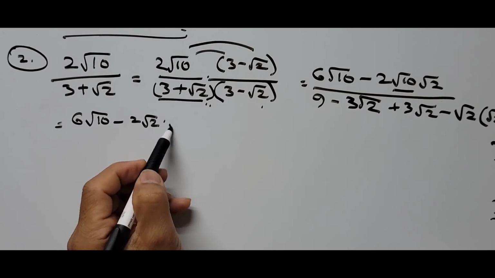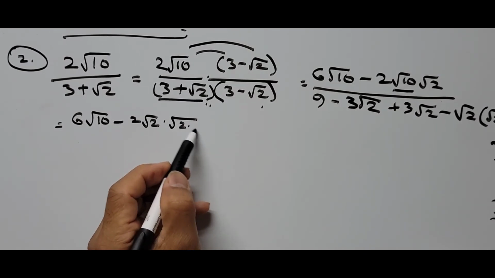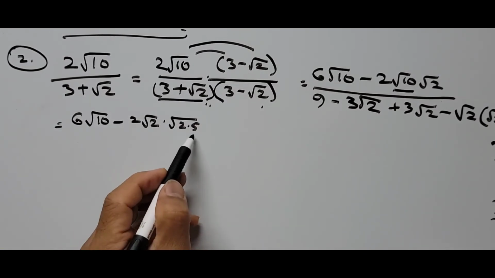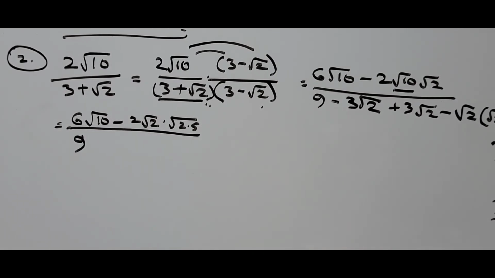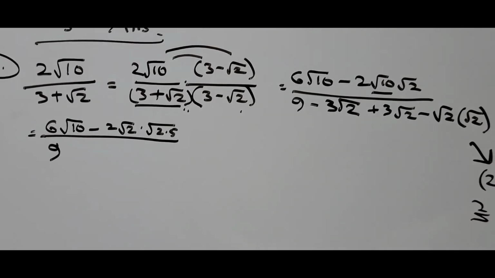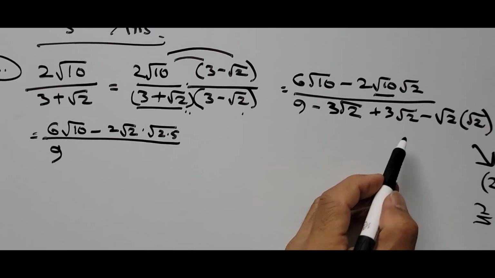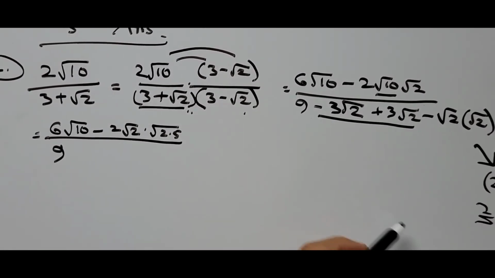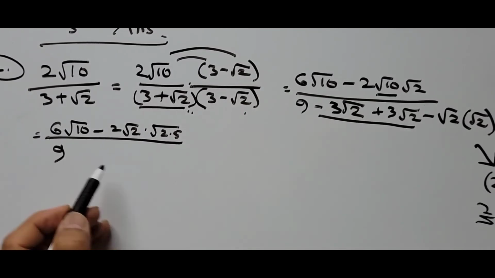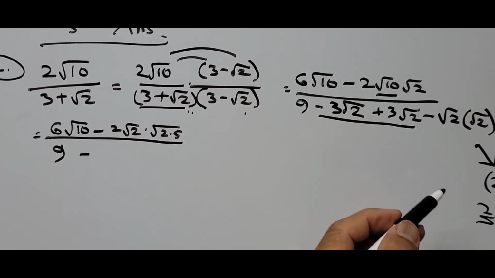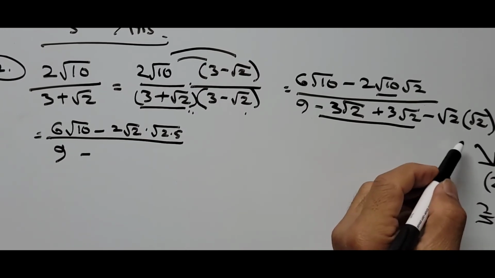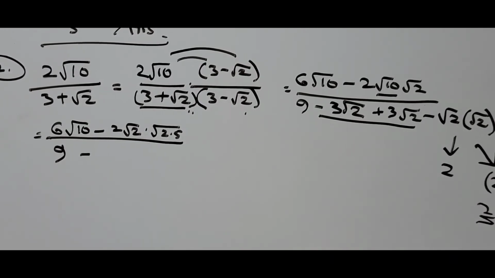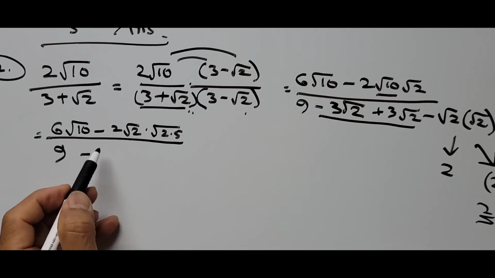So that is square root of 2 times square root of 5, divided by, so 9, and these two terms right here cancelled, so that is 9 minus square root of 2 times square root of 2, that becomes just 2, so that is minus 2.